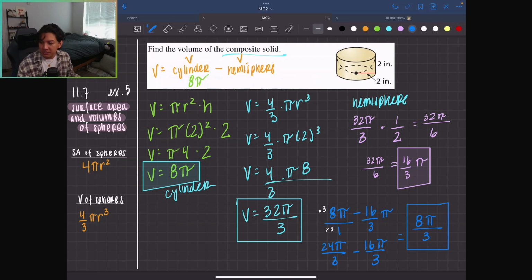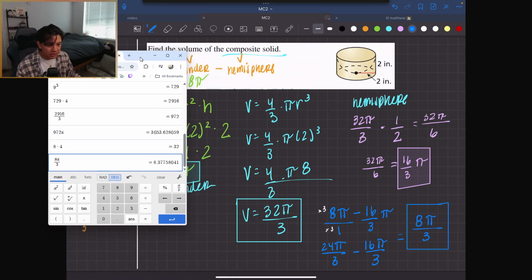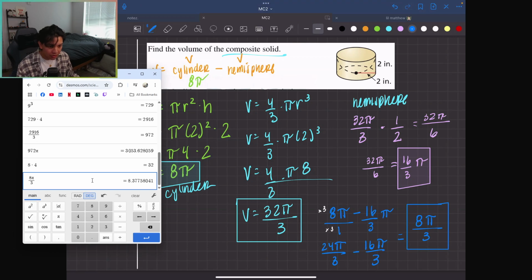But if we wanted to multiply this out, 8 pi over 3 will approximate to 8.38 cubic inches. So both of these values would be the correct answer here.